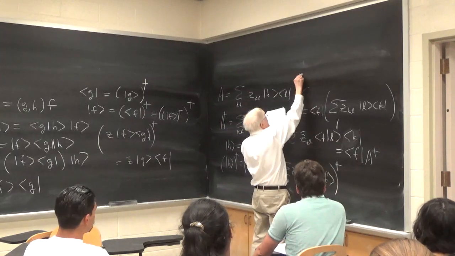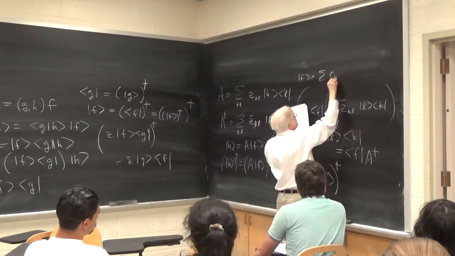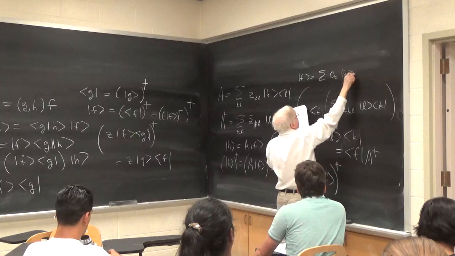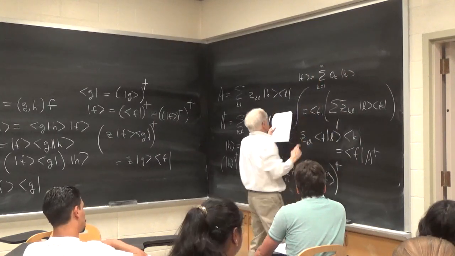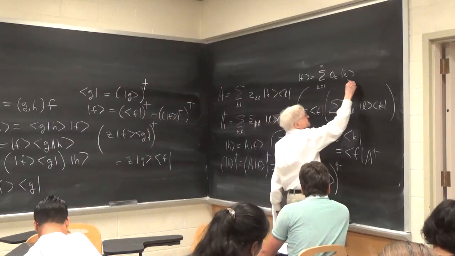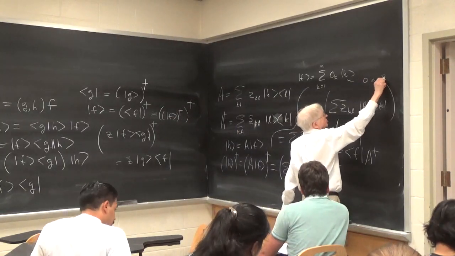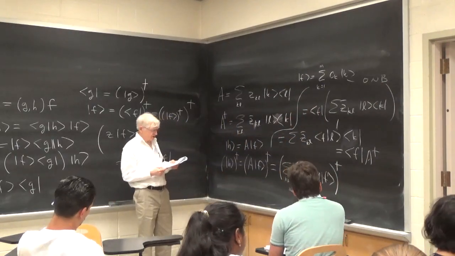Let's suppose that |F> is the sum of C_K |K>, K equals 1 to n. So the |K> are orthonormal. So this is an orthonormal basis for some n-dimensional vector space.